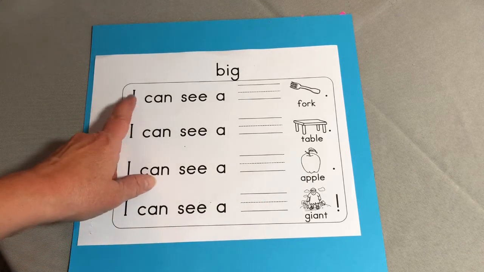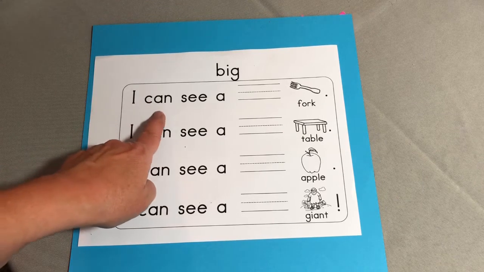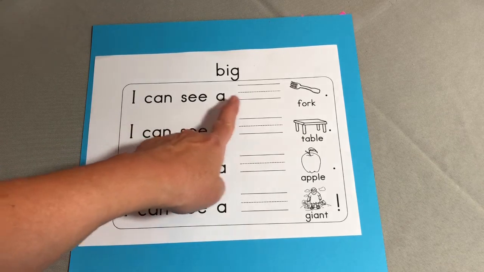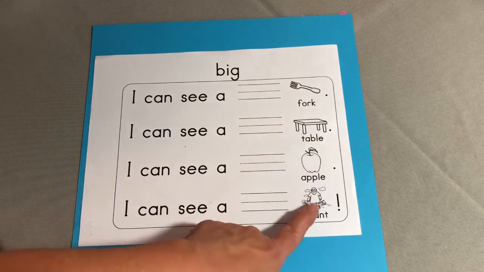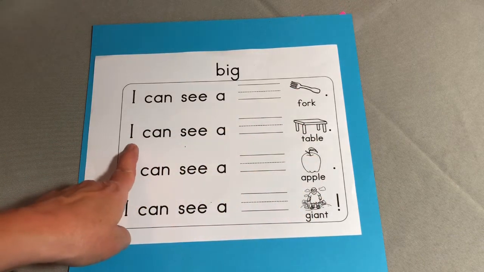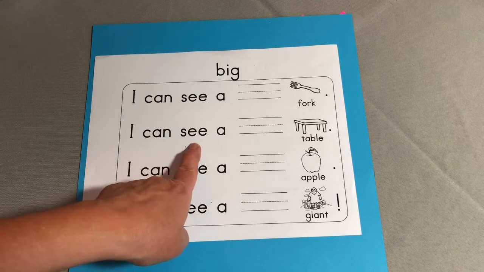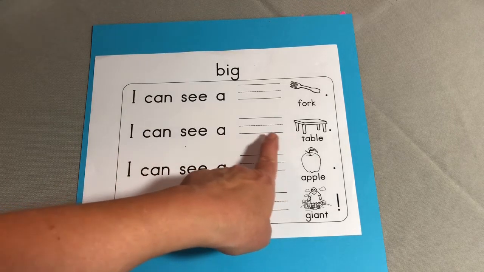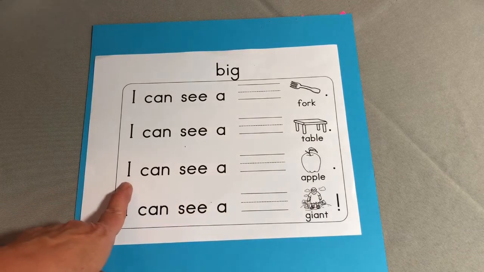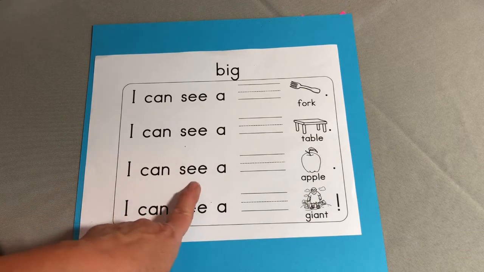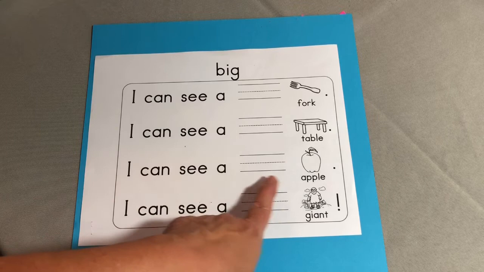And all of these words you know. I can see a big fork. So this is all funny things that you can see. I can see a big table. I can see a big apple.